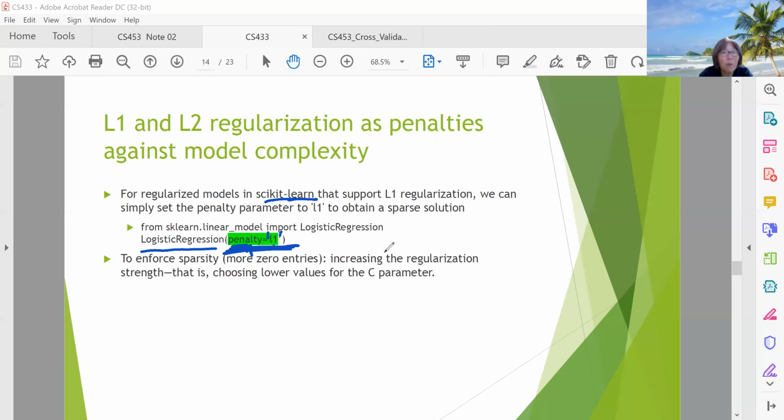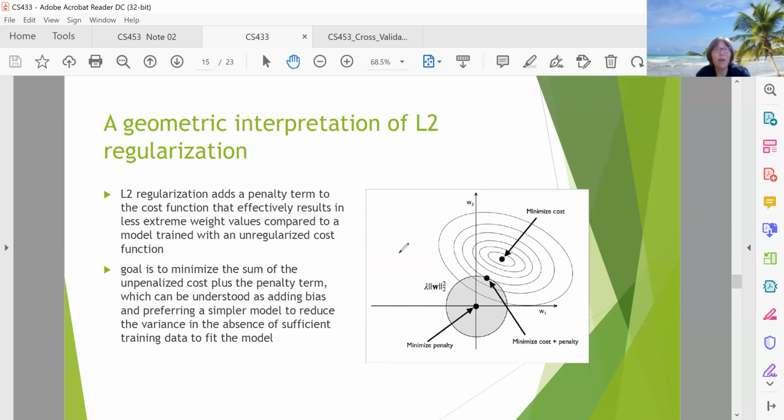But the regularization strength is controlled by C. If you want to increase the regularization strength, then we choose a lower value for C. Then it can lead to more zero weights, so it enforces sparsity.